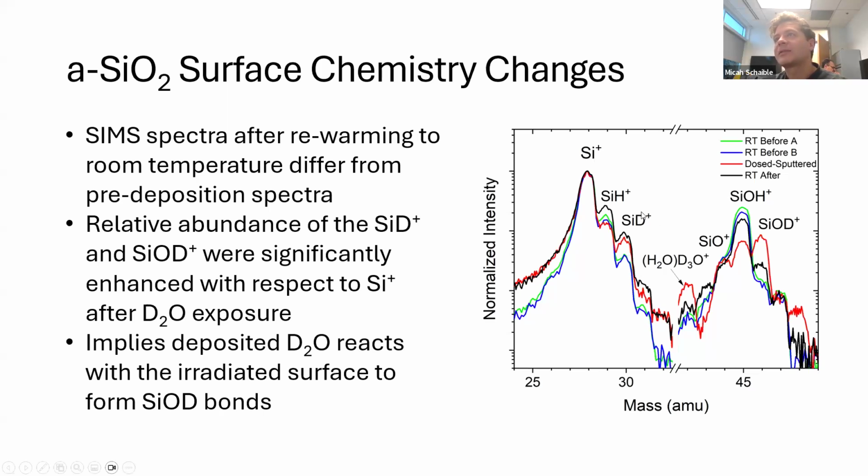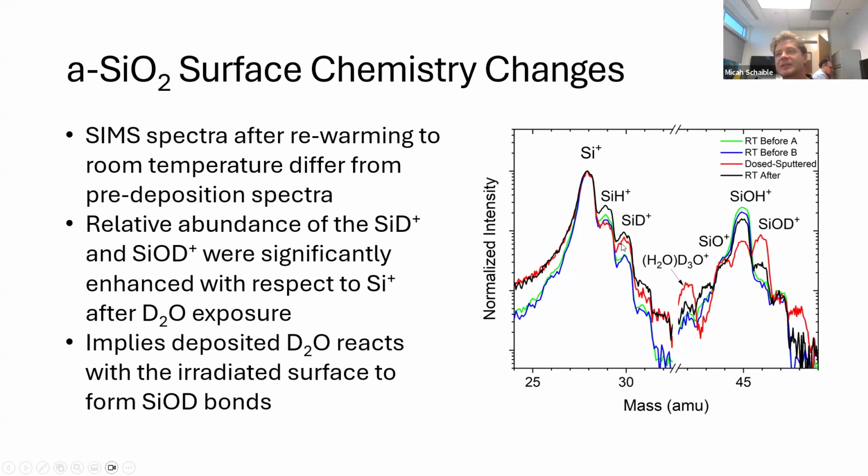When we look at the relative abundance of the deuterated species in the room temperature spectra before and after that dosing event, we see that the relative abundance of those deuterated species is significantly increased compared to the room temperature spectra taken before the sample was exposed to the D2O.